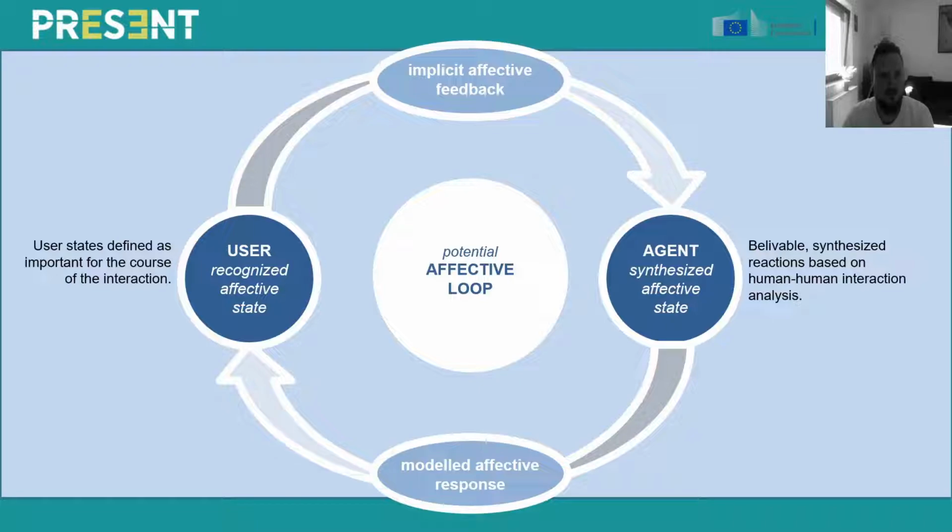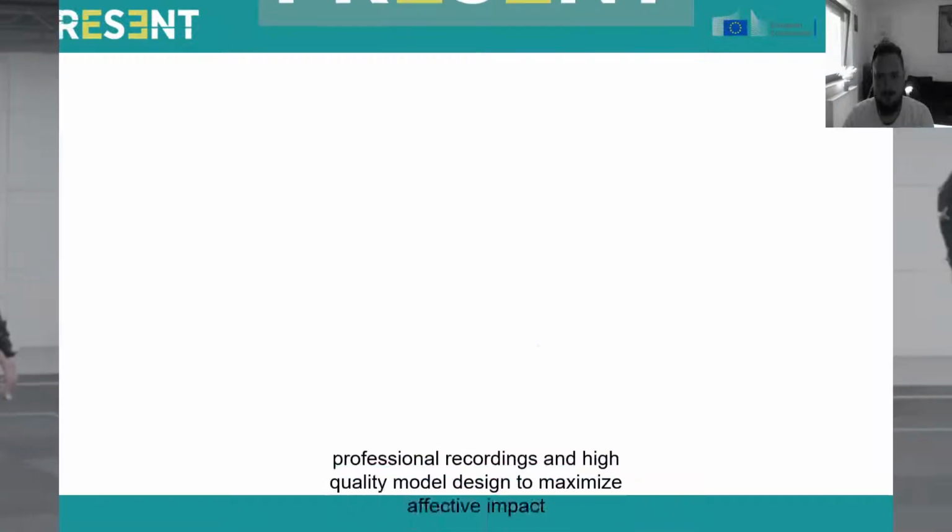And if we achieve a reaction in the user based on this adapted behavior, we get this affective loop in which the actions and reactions of the user and the agent bounce off of each other, and they react and interact in a very natural way.